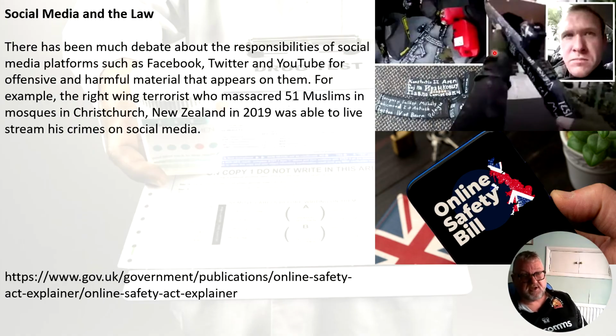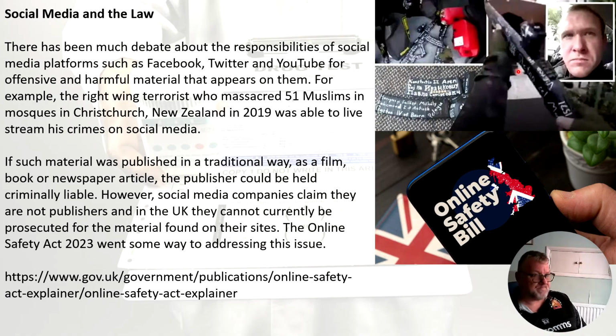These are some of the images of him going into a mosque and massacring 51 Muslims, and the whole thing was streamed live on social media, and social media did nothing to stop it being streamed.